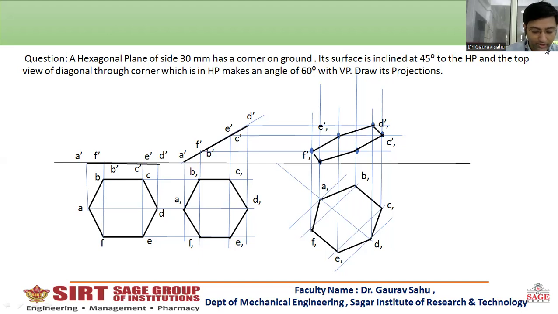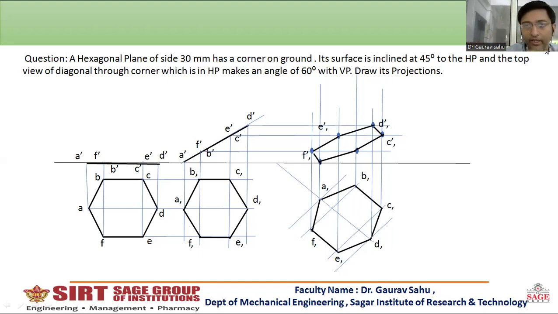If you consider a hexagonal lamina like this, dear student, this corner is in HP. You can see the corner is here, and the surface is inclined at 45 degrees.